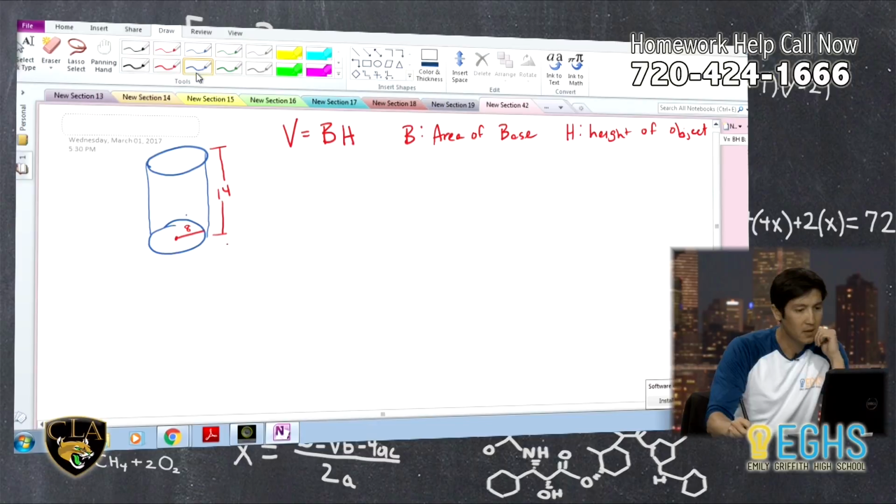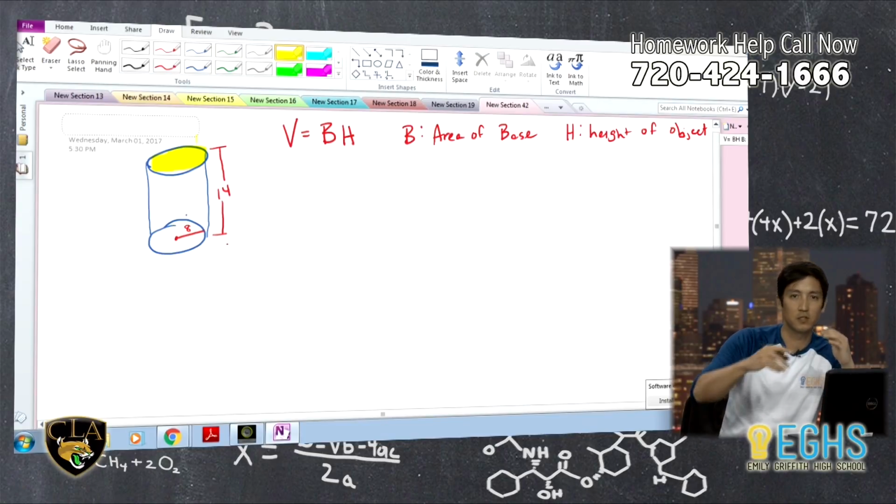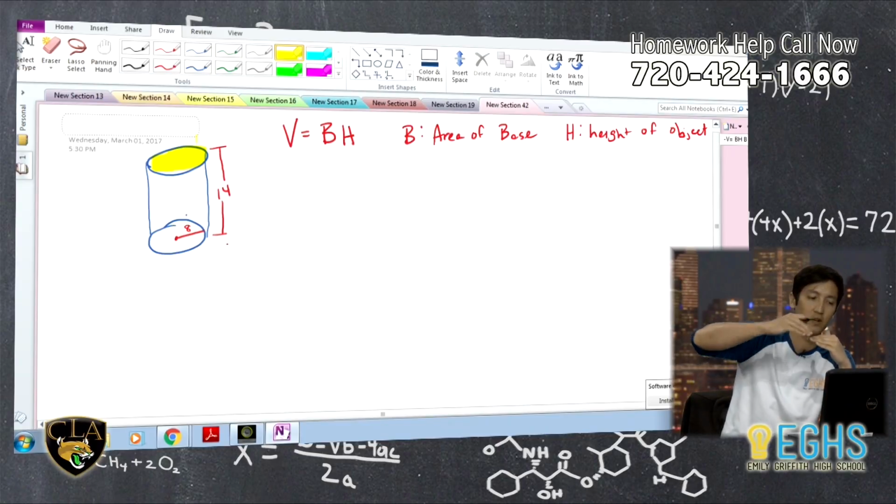So when we look at this, I want you to imagine that when we talk about volume, it has a base, a circular shape. Imagine this circular shape stacked on itself over and over and over again, and that's where you get the height of the object.